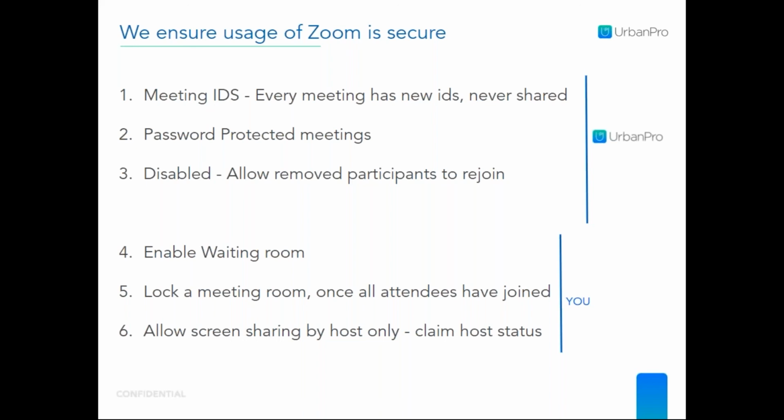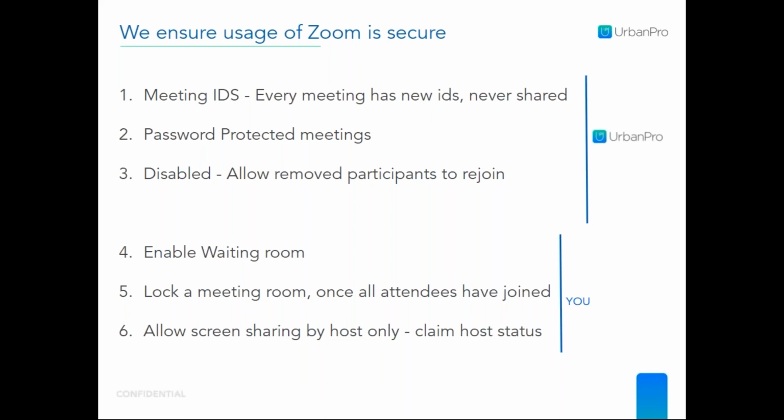But what we have also done is that we have added another layer of protection over this, where we are actually using unique meeting IDs for every single class that is scheduled. And all the meetings are password protected and nobody knows these passwords because they are already on the system. And unless the meeting ID and the password come together, the class won't work.